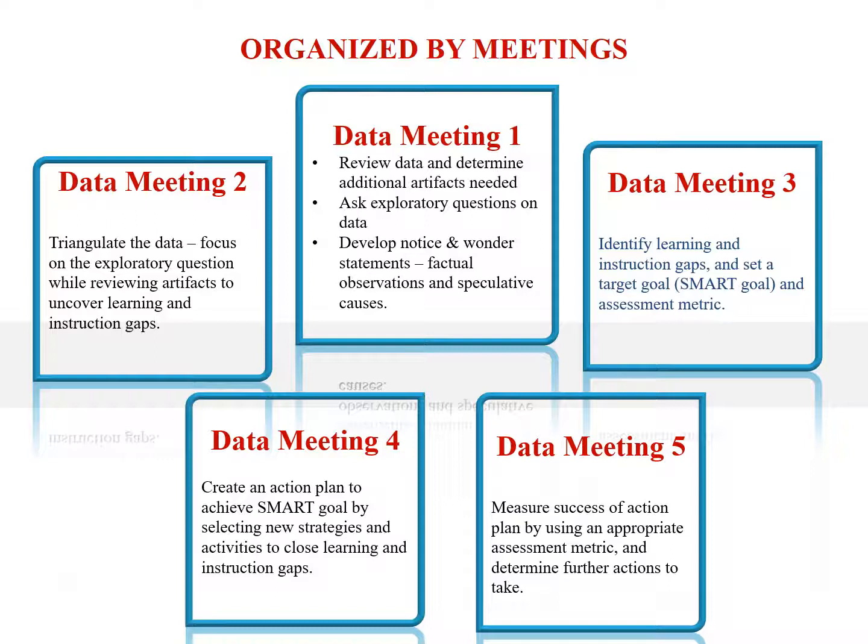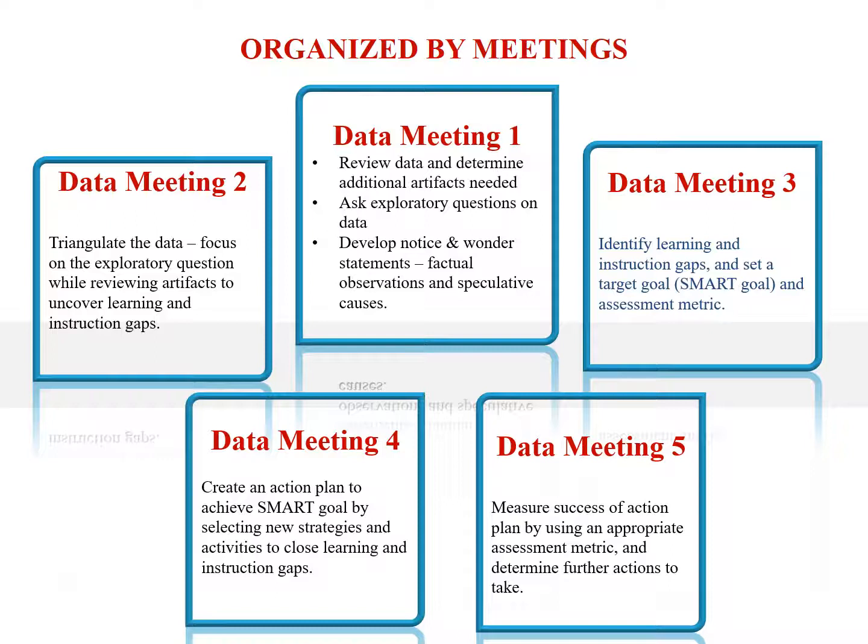At the third data meeting, we continued to identify learning and instruction gaps, but then we also set a target goal known as a SMART goal, and we chose assessment metrics to measure the SMART goal. For our fourth data meeting, we created an action plan to achieve the SMART goal by selecting new strategies and activities to close learning and instruction gaps.